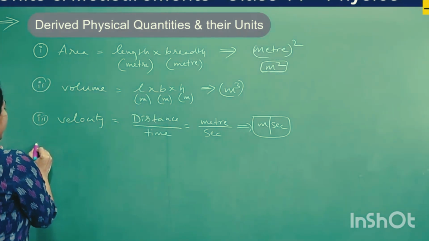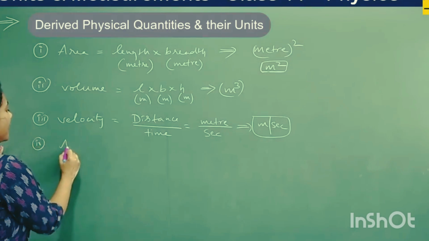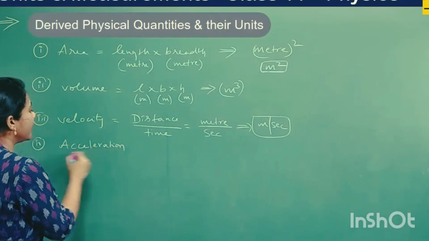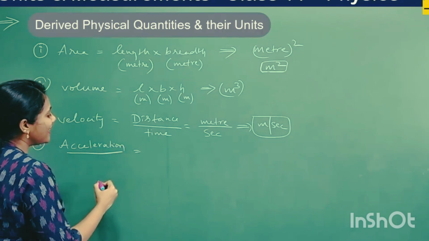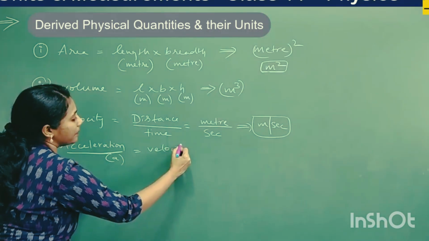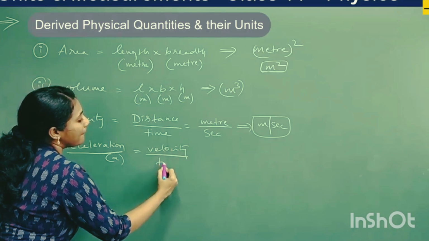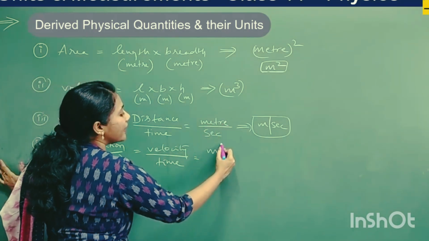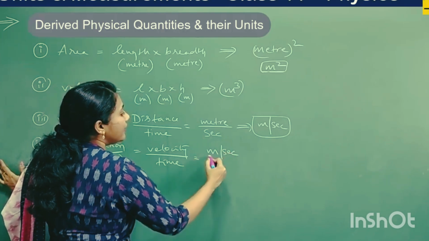Fine. And the next one I will go to is acceleration. So what is acceleration? Acceleration A is nothing but velocity by time. The velocity unit, you know, is meter per second.